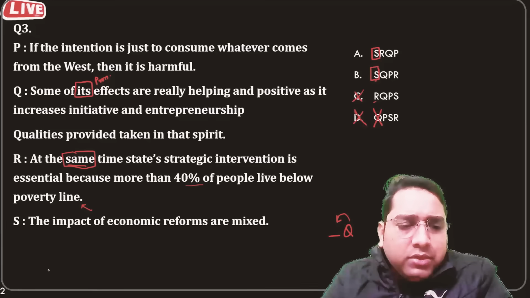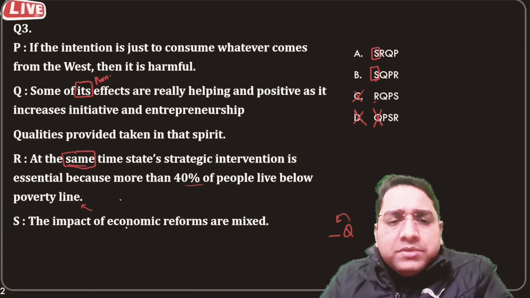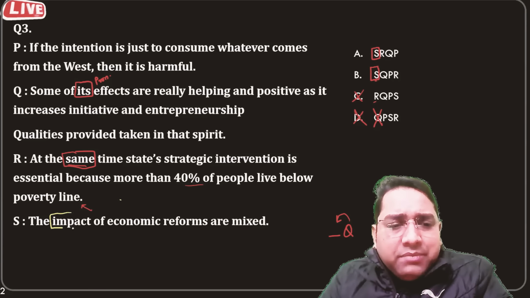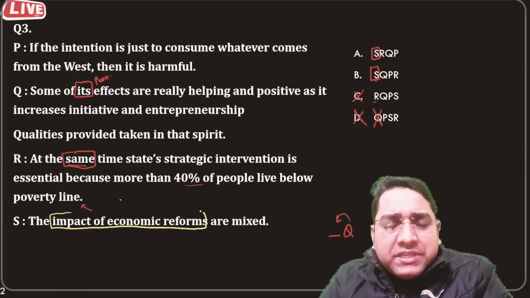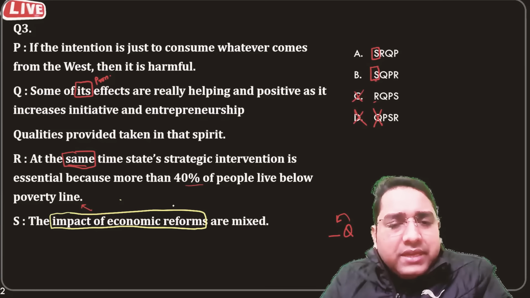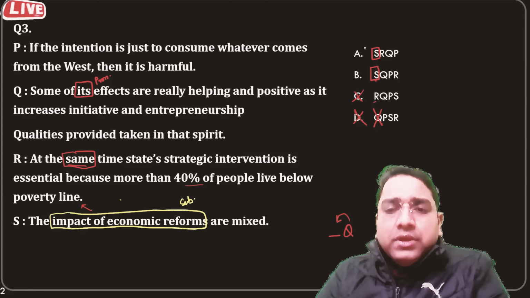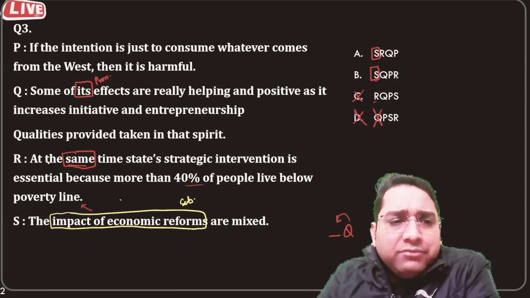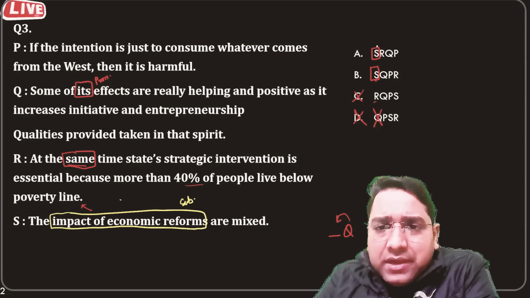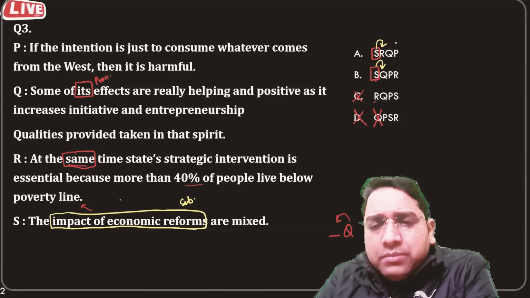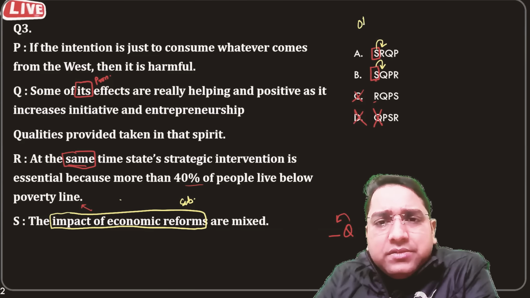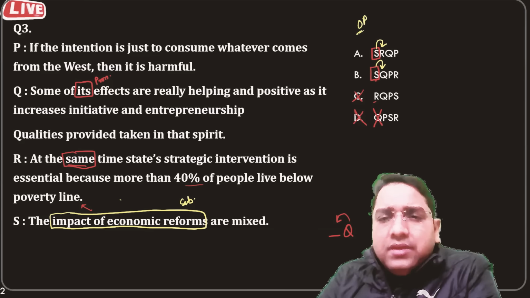Now, what are we talking about? The impact of economic reforms. This is the subject. You don't have to rearrange all the statements. You just see whether R will come next to S or Q will come next to S. So we are solving this based on options.